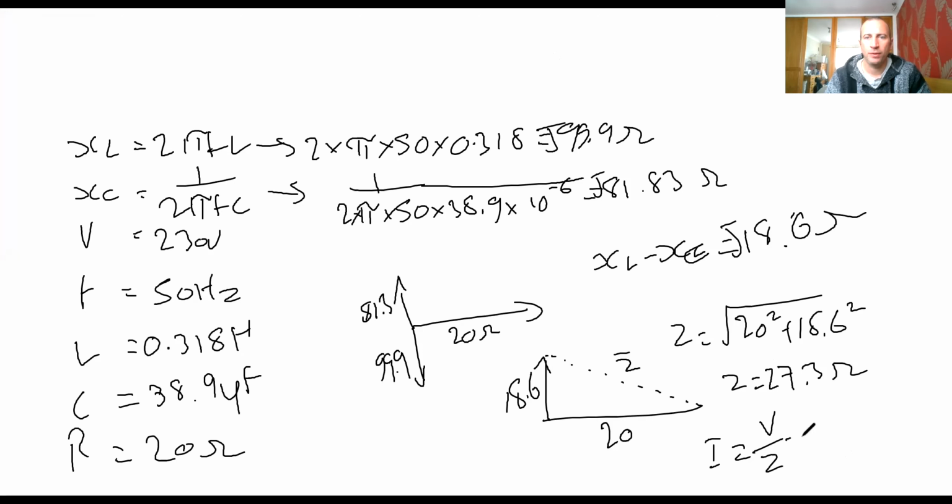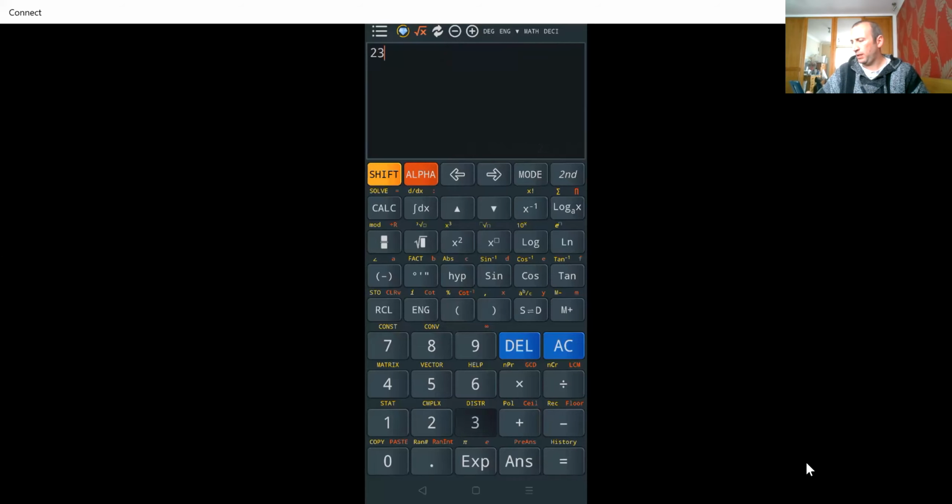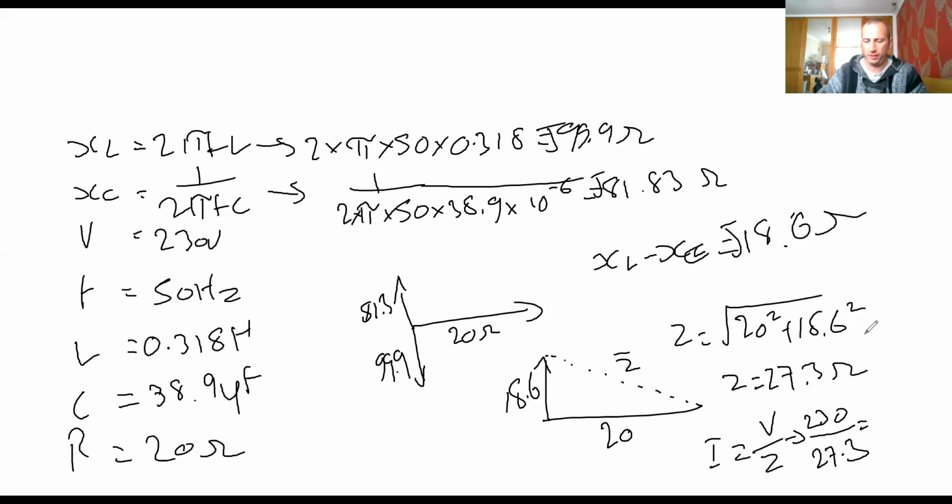V over Z, which equals voltage, which was 230 over 27.3, gives us a current of 230 over 27.3, 8.42 amps. So that is 8.42 amps.